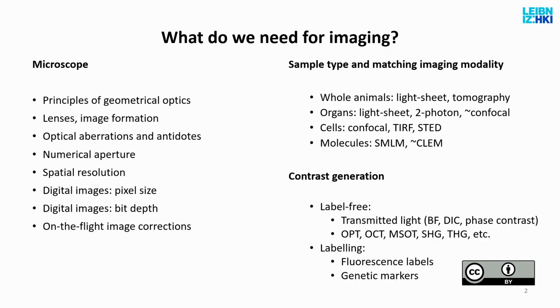I will touch upon them as far as they are concerned with the image formation and the analog part. We will also talk about microscopy methods as well as sample types and how to handle them. And then finally, we will talk about how to mark those objects in your sample that you are interested in, that is, how to generate contrast.